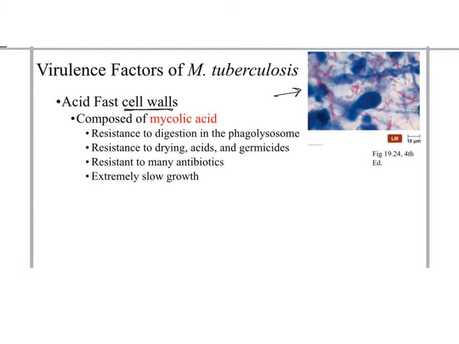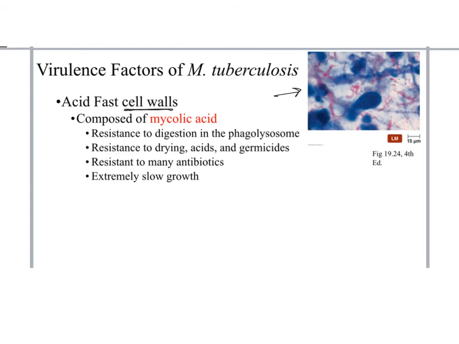When we stain these cells, we decolorize them with acid. It's actually hydrochloric acid. And if the cell holds fast to the primary stain, then we consider them acid-fast. So any organism that's not acid-fast gets decolorized by that acid, and then we give them a counterstain so they don't stain the same color.